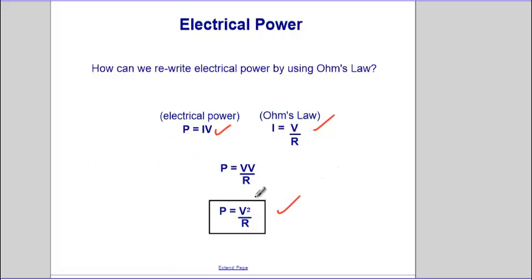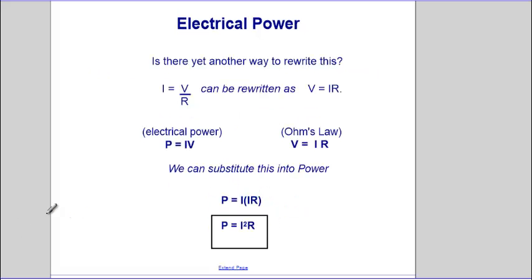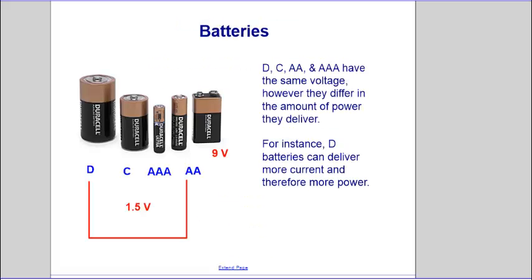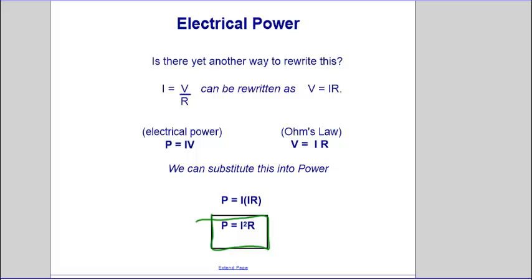So let's just circle the many ways we can define it. The first one is I times V. The second one is V squared over R. And then the third one, again using power is I times V and V is I times R, so we'll get power is I squared R. So there are three different ways we can define electrical power. I'm going to write them quickly, and then we'll paste this into memory for later use.